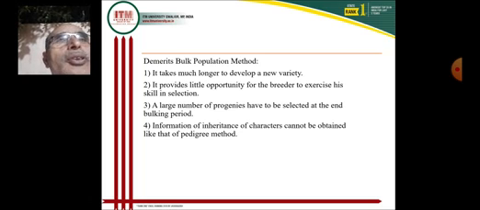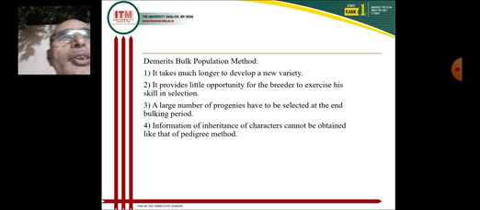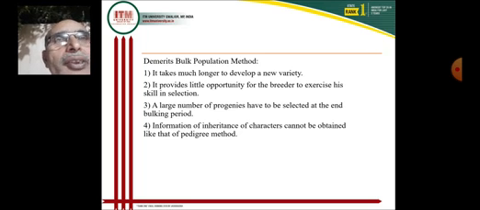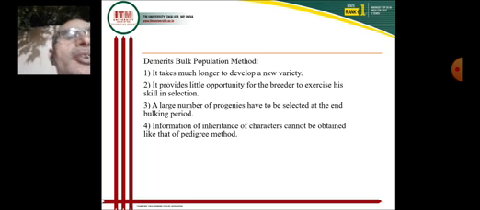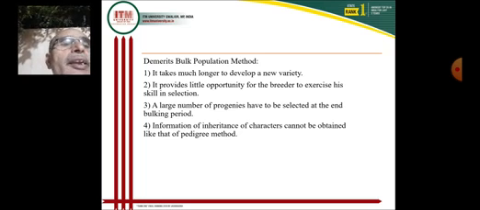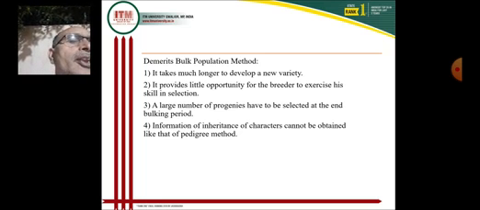So there are about 14 years to release a variety, if the seed multiplication is excluded. A large number of progenies have to be selected at the end of the bulking period.